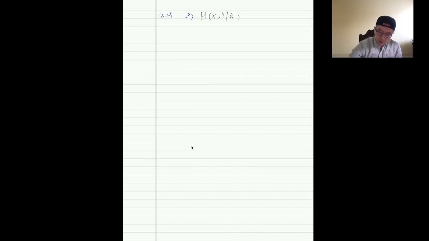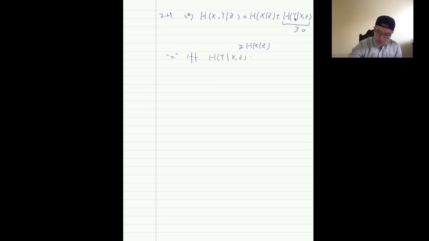So the only thing we need to do is to use the chain rule to write this as a summation of two parts, right? And we know this guy is bigger than or equal to 0. Therefore, overall, this is bigger than or equal to that, and we're done, right? And we see the equality holds if and only if this guy is 0, right? When this guy is 0, right, is y is a, maybe, let's say, one more step here.